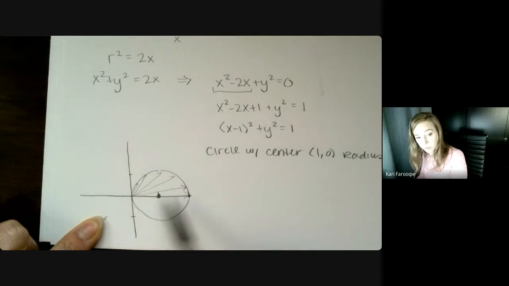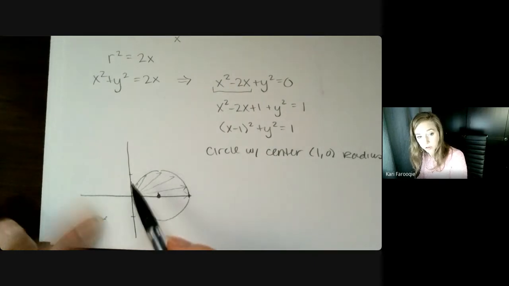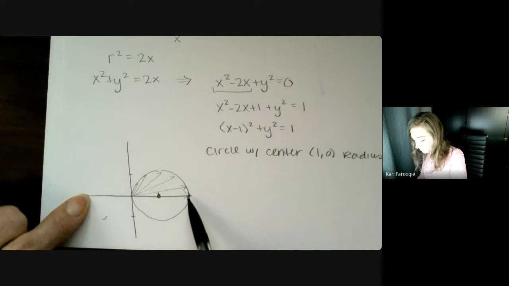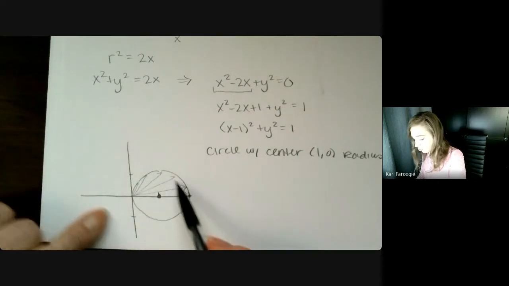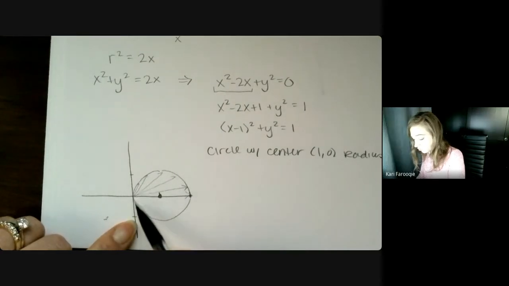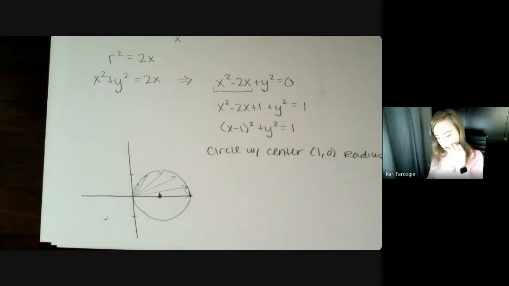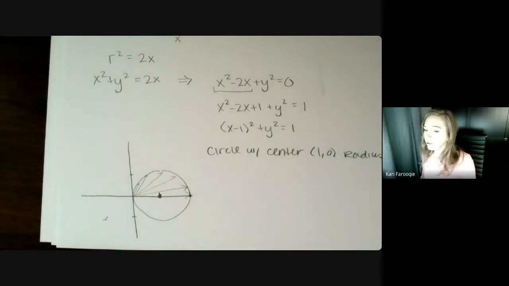So it started to regraph this part, kind of worked its way around like that. And when it got over here to quadrant 4, it just regraphed this bottom part with positive values of cosine. Really interesting stuff, you guys.